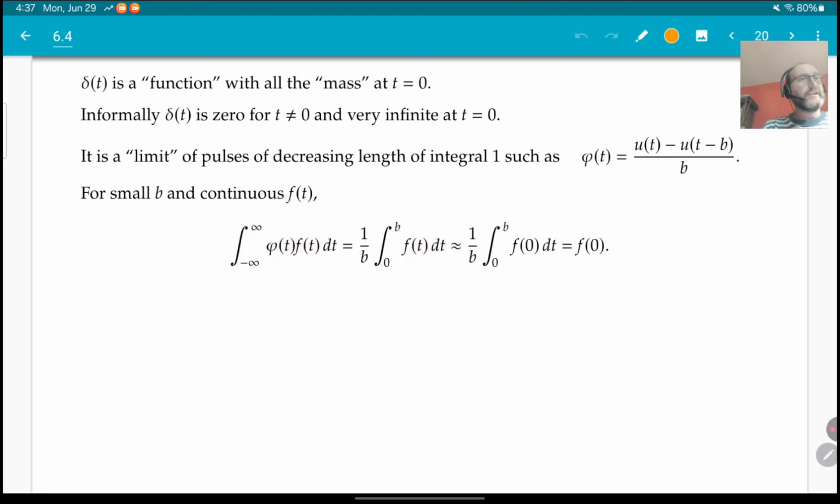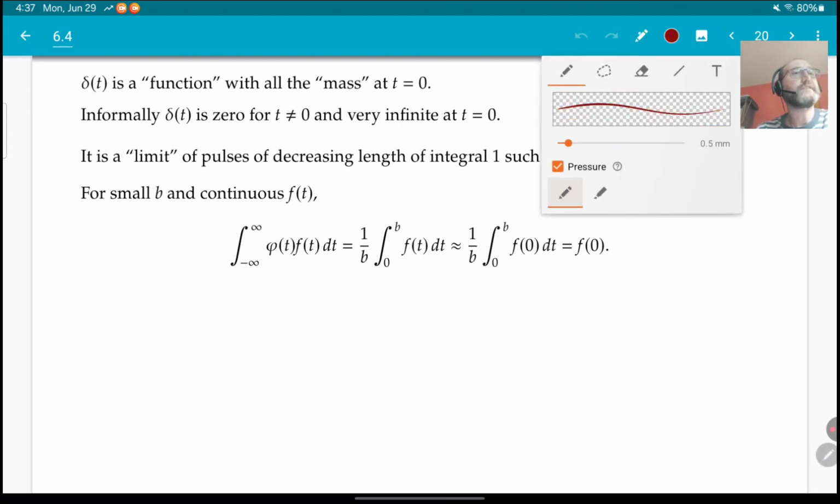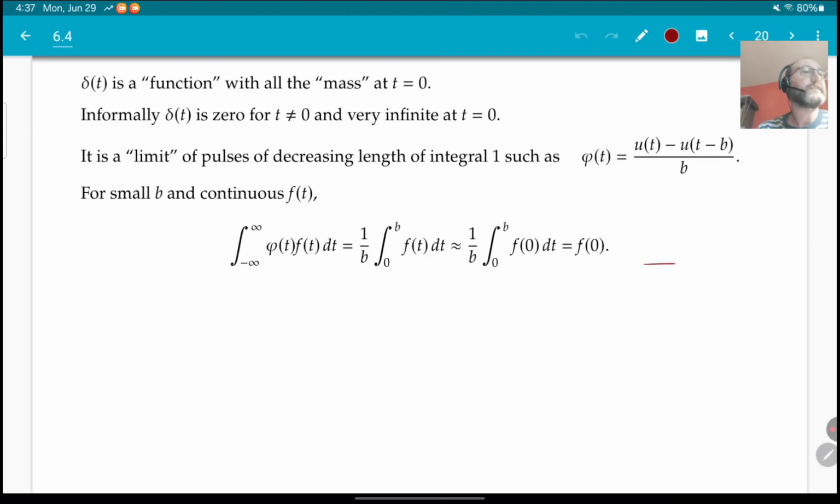Okay, now f is continuous, and so as long as b is really small, if I draw this over here, if this is my axis, this is the t-axis. f is continuous, but if b is really, really small, then in this interval, f is not constant, but it's kind of nearly constant.